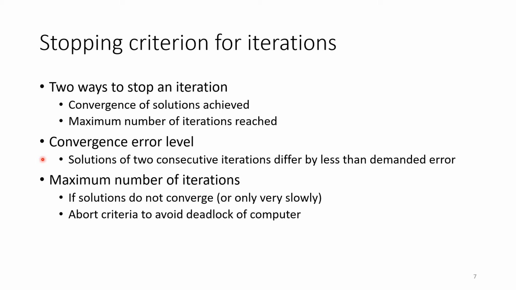But it might happen that solutions do not converge, or the convergence goes really slowly. Therefore you have a second abort criterion, which is the maximum number of iterations. You do this to avoid the deadlock of a computer, right? If the solution does not converge, the computer would go on and on, because the convergence level is never achieved. So you usually have a second stop criterion, the maximum number of iterations.